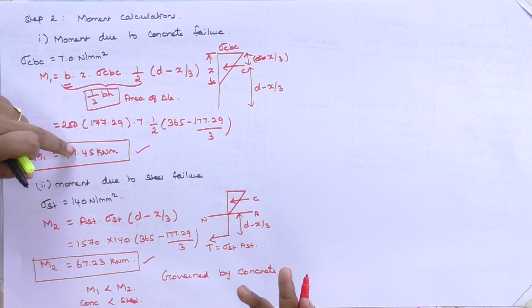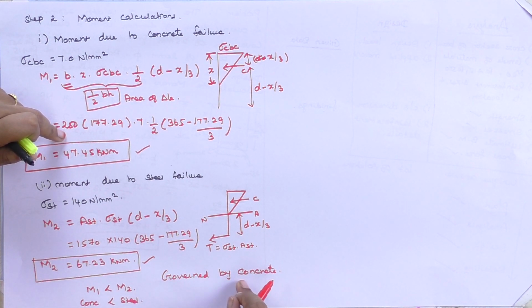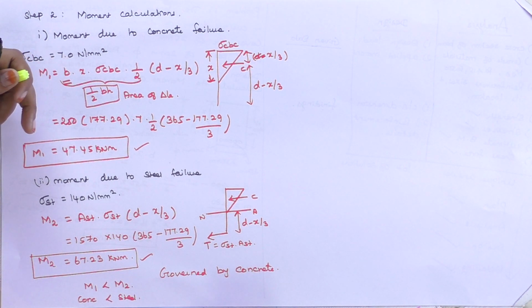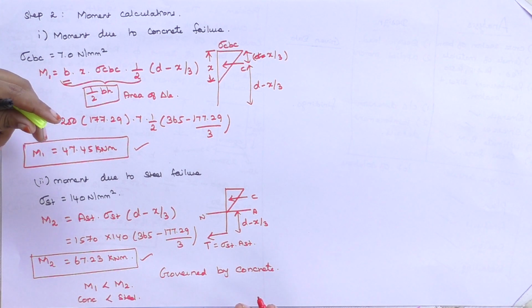The section is governed by the lesser moment, so it is governed by the concrete. So the concrete fails first. Sometimes it is economical also. We can see that we are providing more amount of steel, so we can say that it is over reinforced. We can tell like that also. Okay.